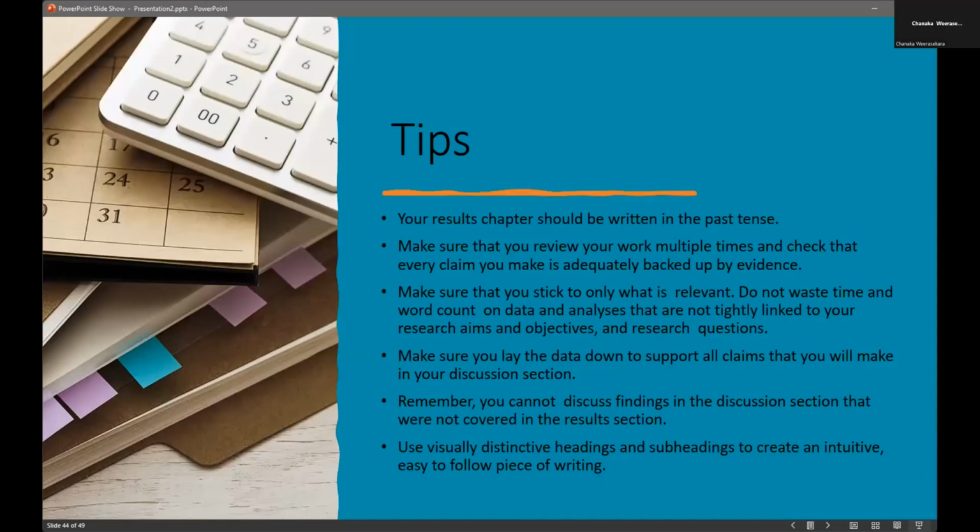Very important thing: use visually distinctive headings. That is also important, especially when it comes to the qualitative results section. You have to use a set of headings and subheadings that we can identify visually, in the sense of the way it is formatted, font size, and so on, so that we can differentiate each and every theme or narrative you are presenting.